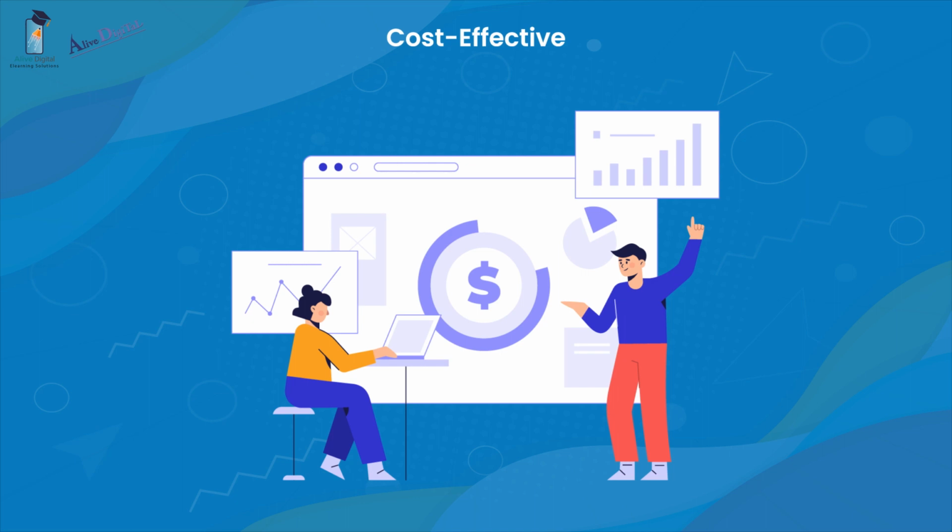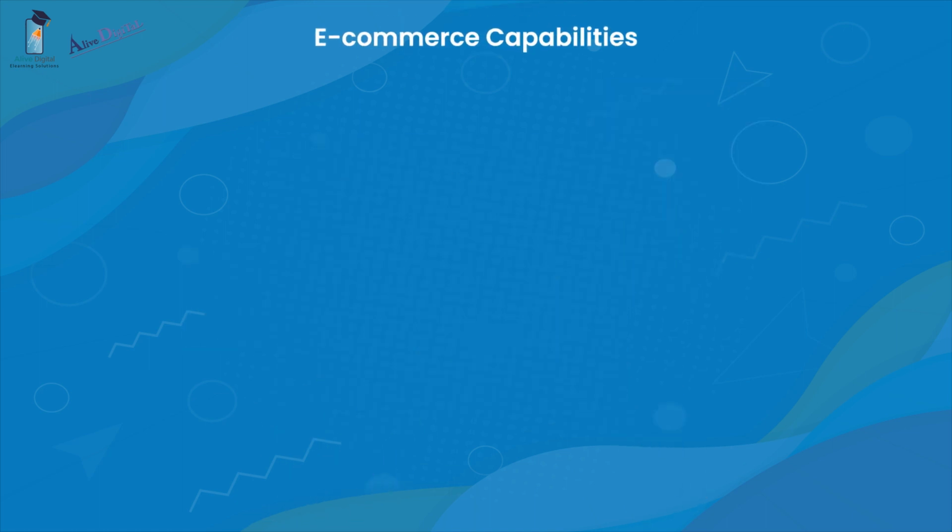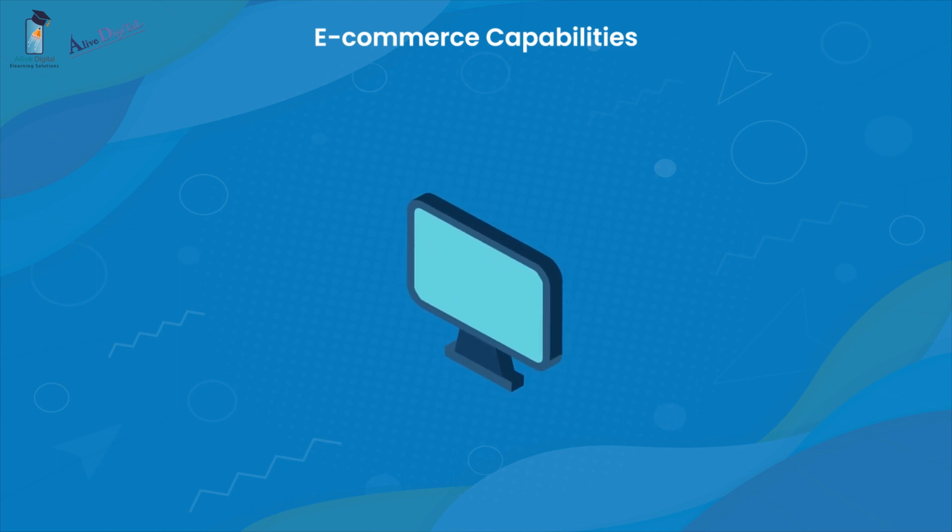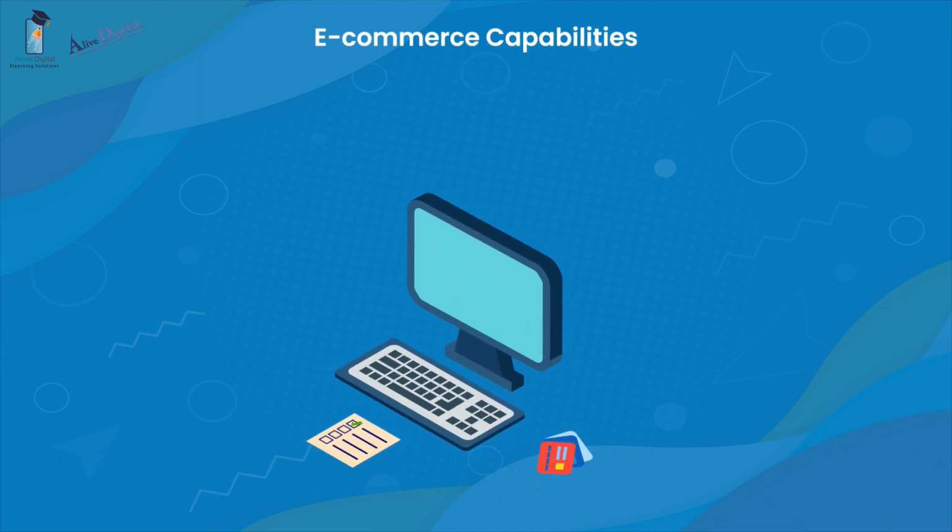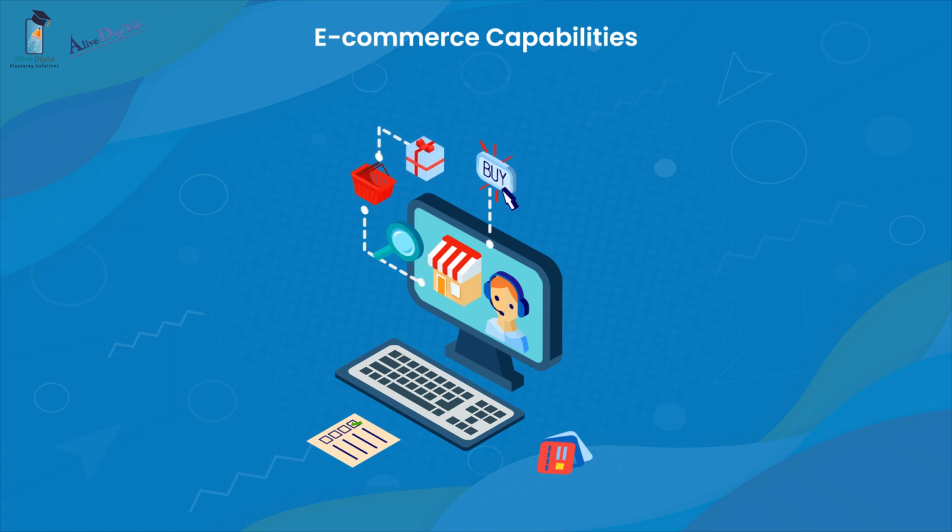While you may need to invest in themes and plugins as well as hosting, the overall cost is often lower compared to custom web development. E-commerce capabilities. If you plan to run online stores, WordPress can handle e-commerce through plugins like WooCommerce, which is highly customizable and widely used.